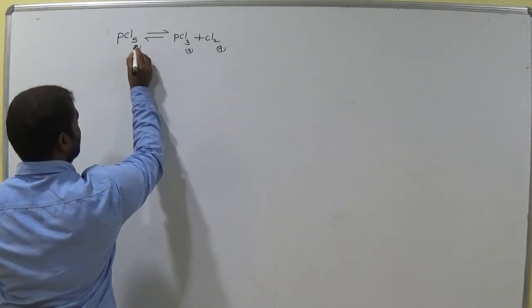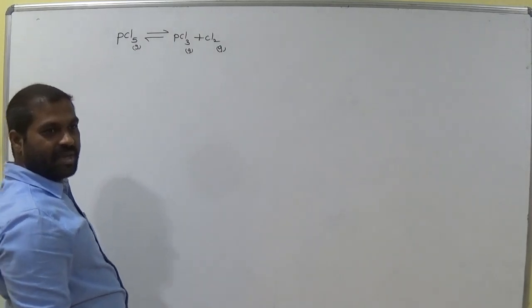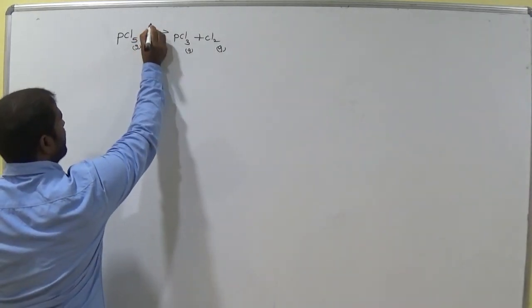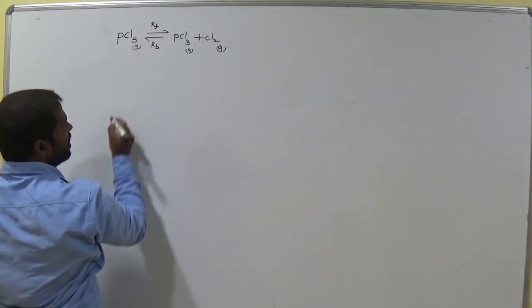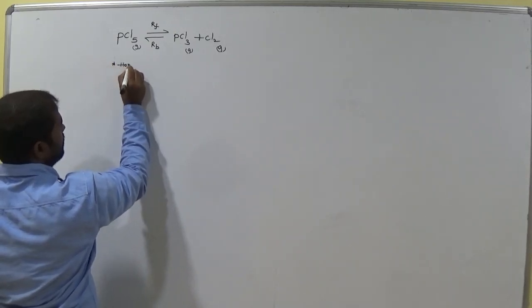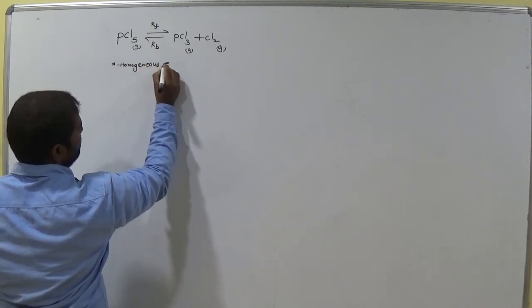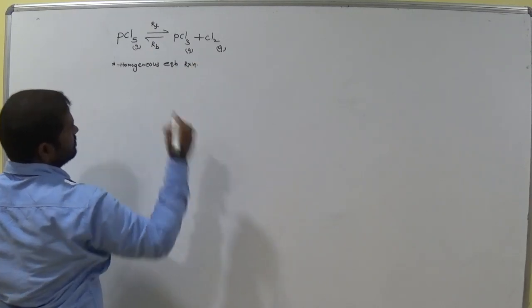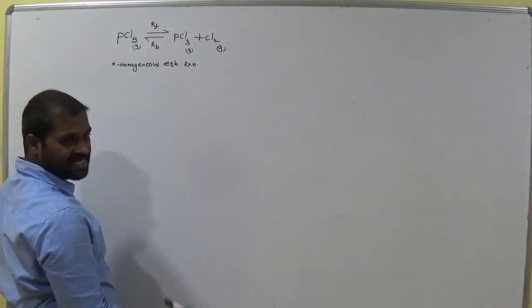These are gases, and is it homogeneous or not? It is clearly a homogeneous equilibrium reaction, and it is reversible, where the rate of forward reaction equals the rate of backward reaction. Why homogeneous? Because reactants and products are in the same physical state.